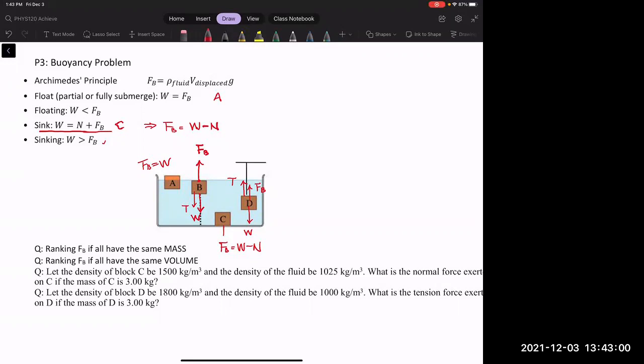If you want to find the buoyancy force of B, then you write the equation of the net force for block B. You have the buoyancy force equal to the tension plus the W. So would this one have a larger buoyancy force than A?